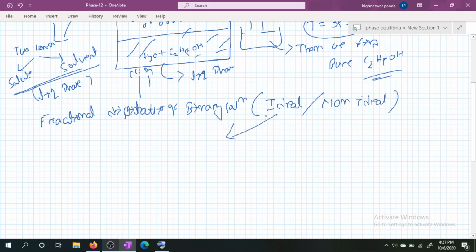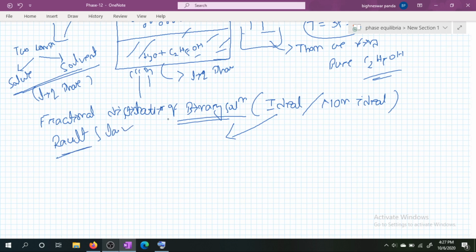What is an ideal binary solution? The solutions which obey Raoult's law are called ideal solutions, and the solutions which do not obey Raoult's law and show positive and negative deviations are called non-ideal solutions.